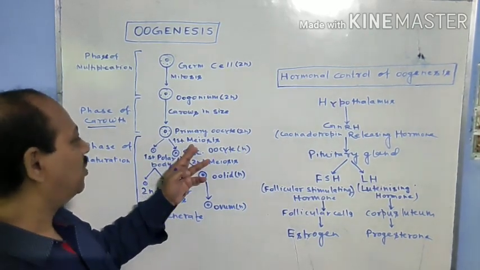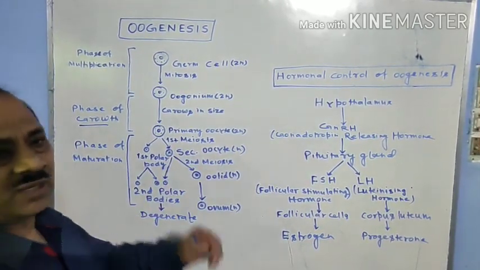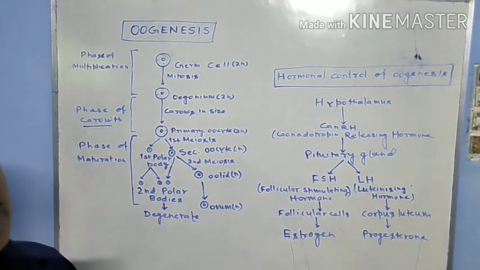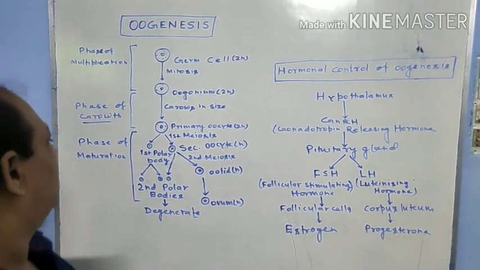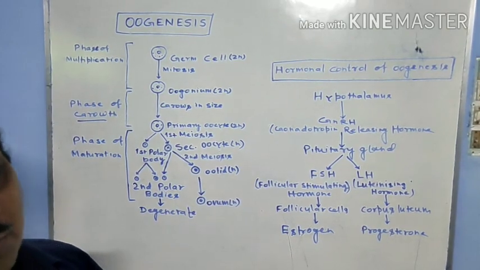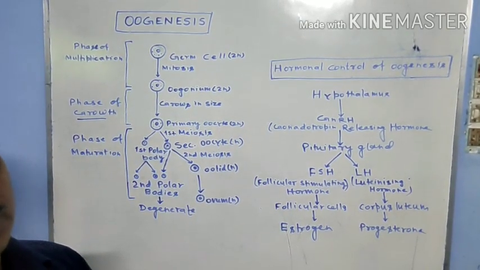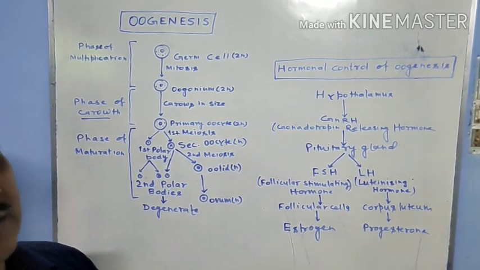First meiotic division is known as reductional division because in this division the number of chromosomes is reduced to half that of their parent cells. And second meiotic division is known as equational division because in this division the number of chromosomes remains the same as that of their parent cells.